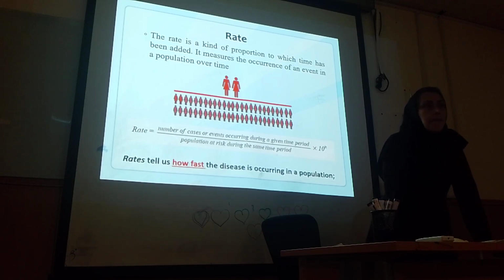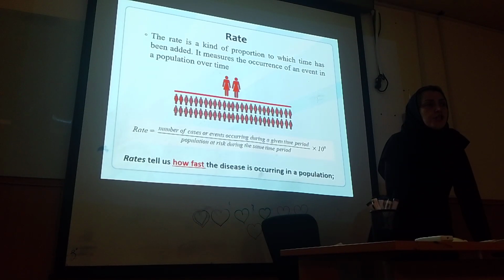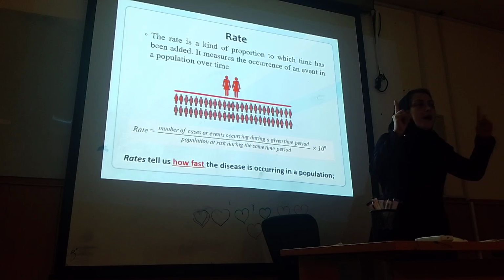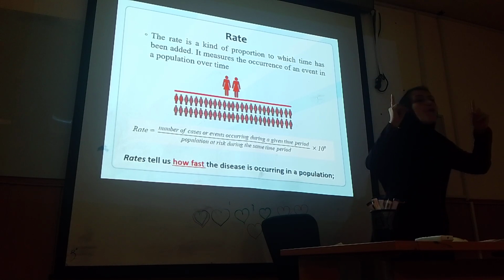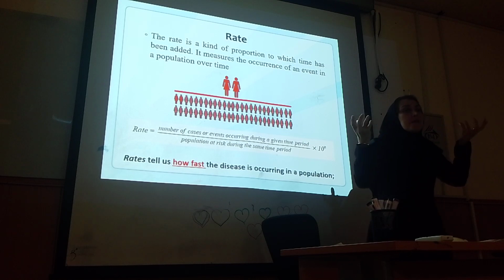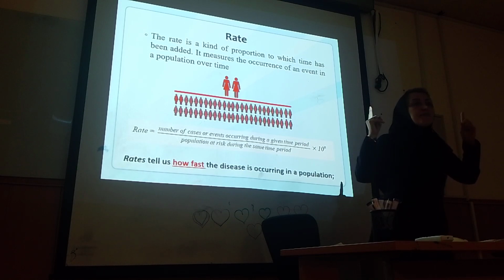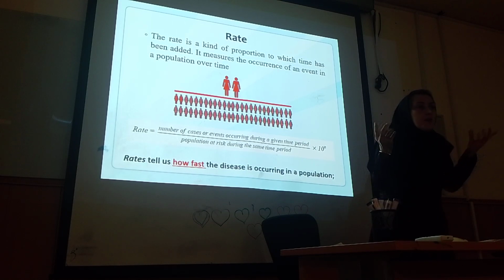I ask you, what proportion of medical students have been diseased during the last year? I explained about a proportion that has occurred during a specific period of time. So it could be a rate.